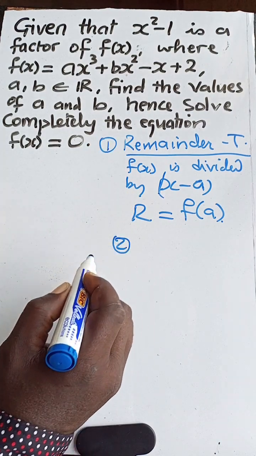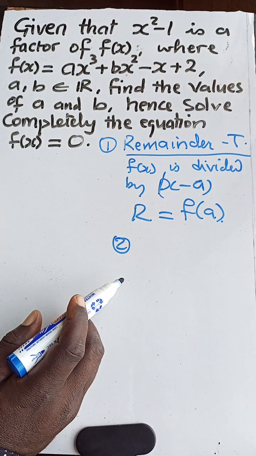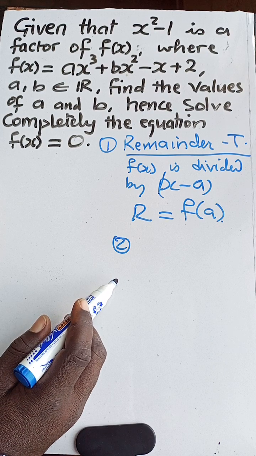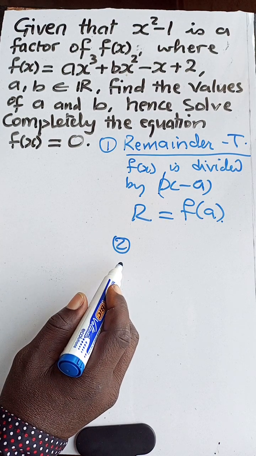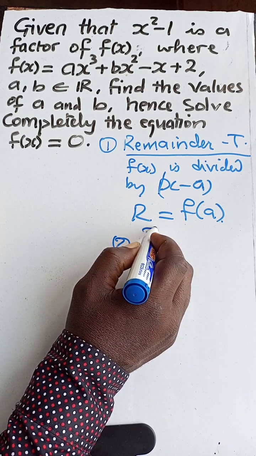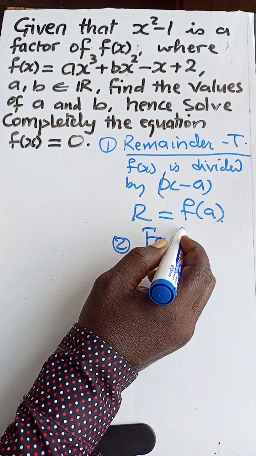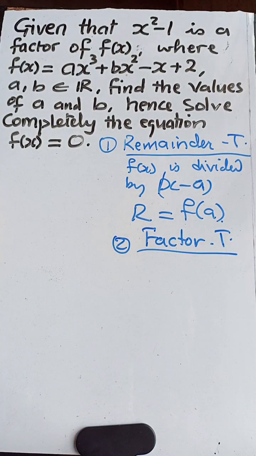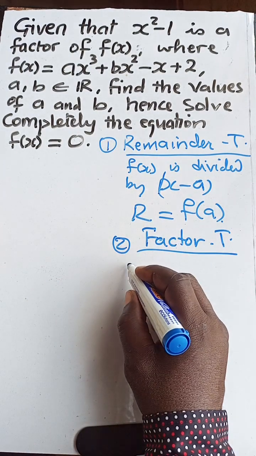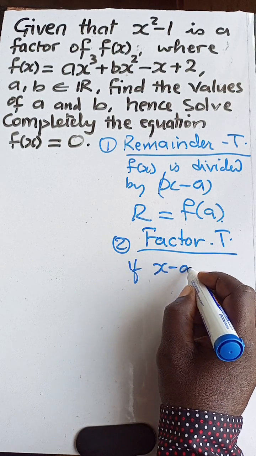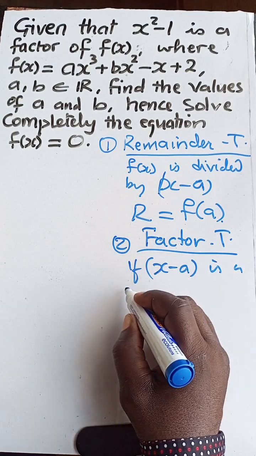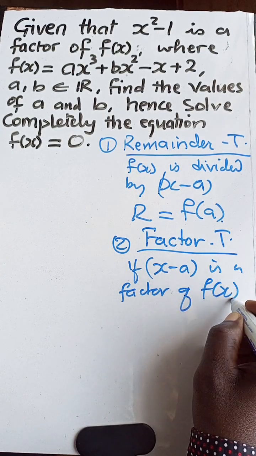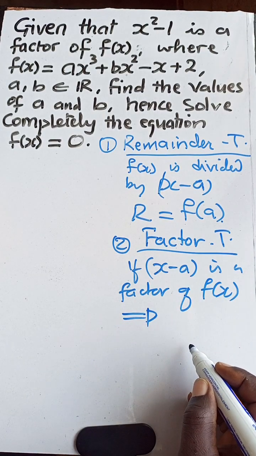Then the second theorem is actually an offspring from the remainder theorem, or it's just a sister to the remainder theorem. A particular case of the remainder theorem is called the factor theorem. Now, if x minus a is a factor of the polynomial f of x, what do we expect the remainder to be?